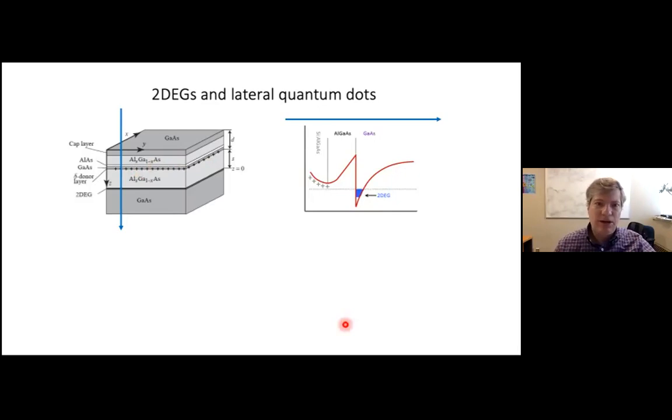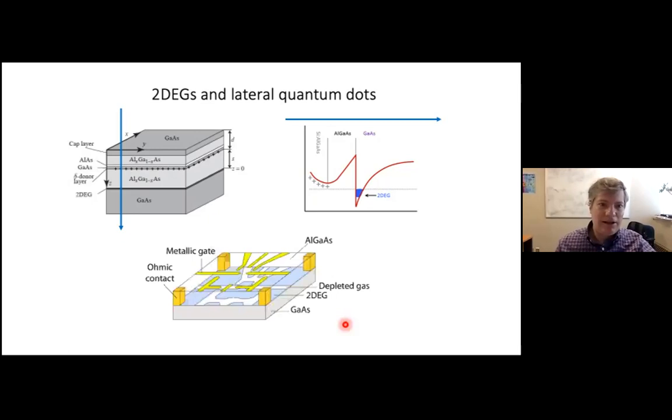So that's our 2DEG. Now, to form a dot, we need to further confine carriers within the plane, and that can be done electrostatically by placing metal electrodes on the top surface. Okay, something like we're showing in this cartoon here.